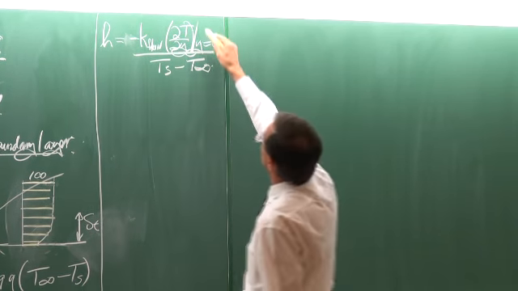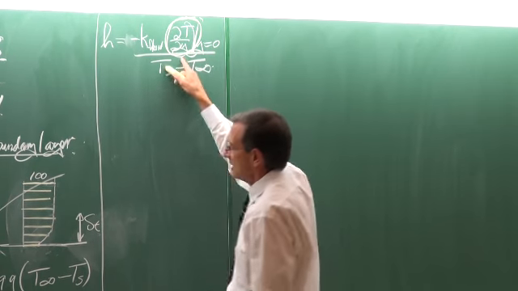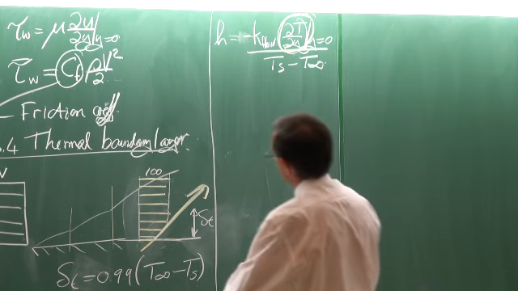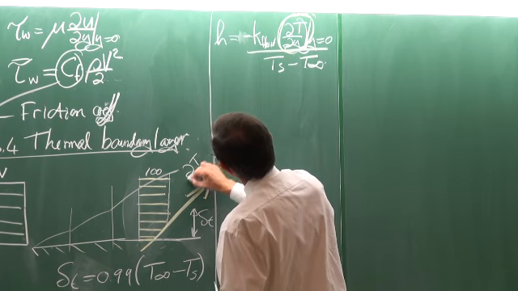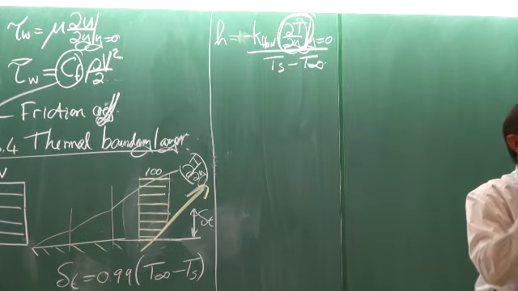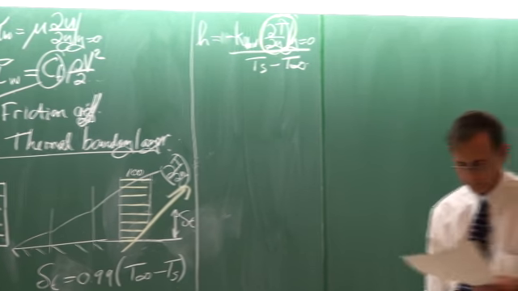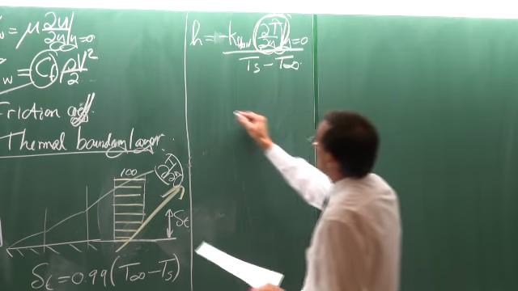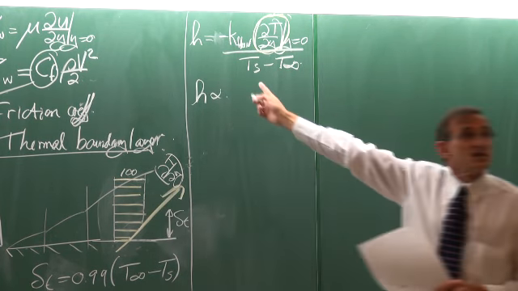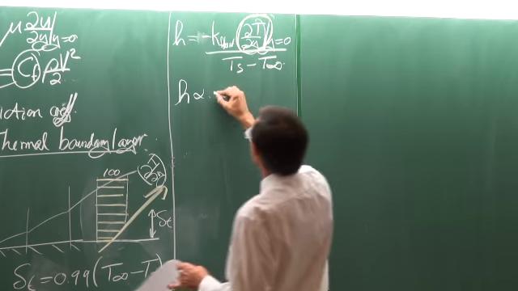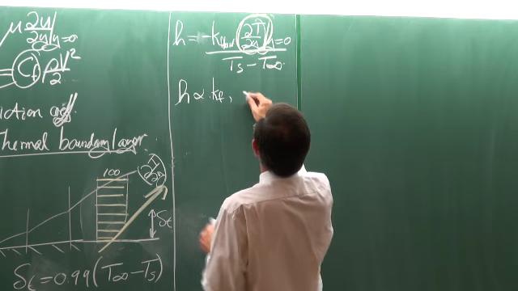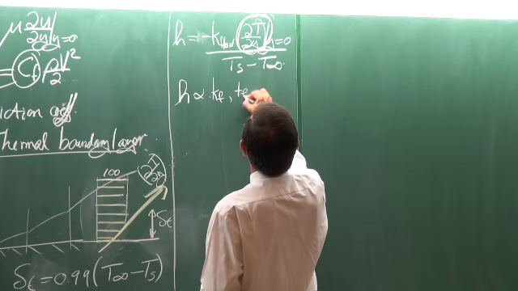This term here is equal to that gradient, partial dT dy, the thermal gradient in the thermal boundary layer. So the heat transfer coefficient is directly proportional to K of the fluid and the temperature gradient.